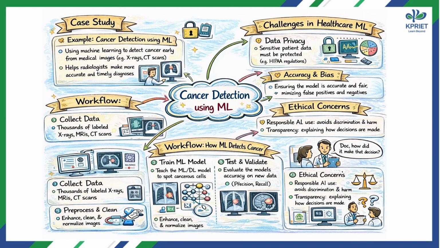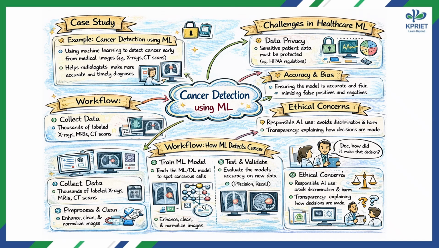On data privacy, sensitive patient data must be protected as per HIPAA regulations. On accuracy and bias, it ensures the model is accurate and fair, and it minimizes false positives and negatives. In the case of ethical concerns, responsible AI use should be followed to avoid discrimination and harm, and transparency should be there for explaining how decisions are made.